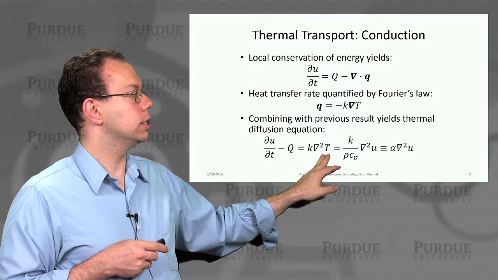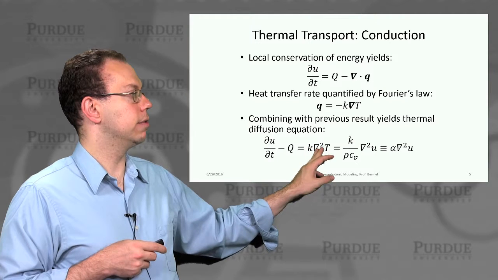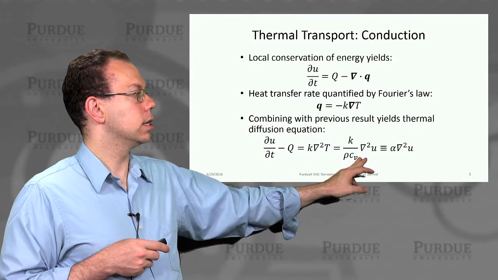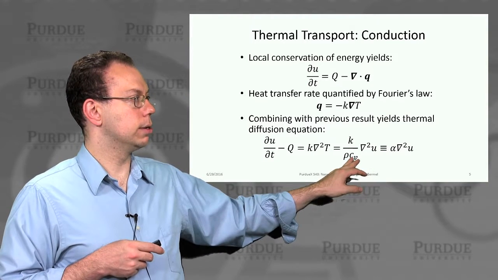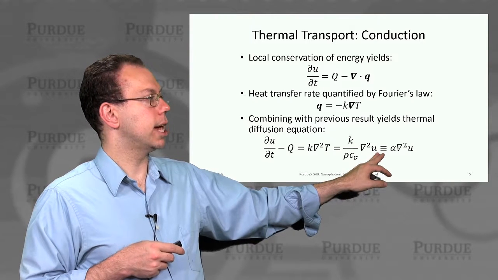And then oftentimes you would rewrite this in order for everything on both sides to be a function of U, as basically T would be U over rho times CV. So rho is, of course, the material density, and CV is the volumetric heat capacity.